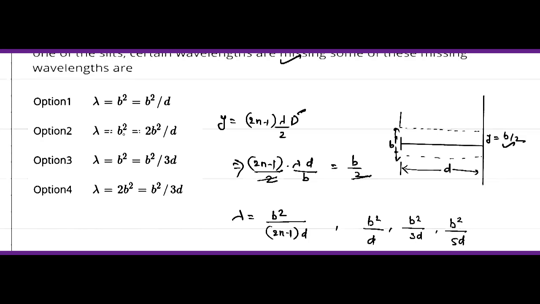So we match these with the options. Option 1, b square by d, is the right answer. The second option does not match, so this is wrong. Option 3, b square by 3d, is the right answer, and for the fourth option, it is 2b square by 3d, so this is wrong. So the correct options are the first and third.